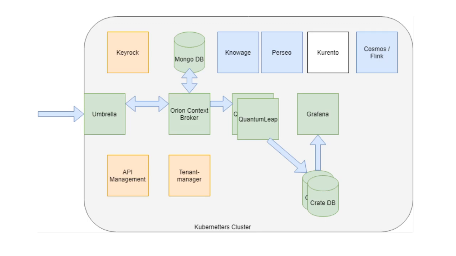All the components serve a particular purpose, and in IoT platforms, you usually talk about northbound and southbound traffic. In this particular case, it's all coming through one single point of entry, which is Umbrella.